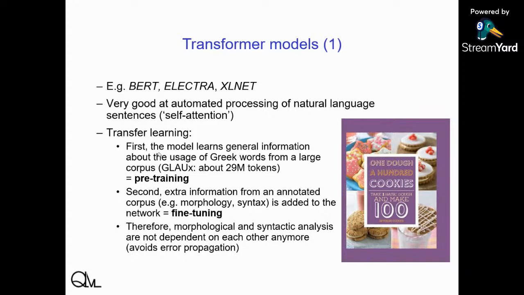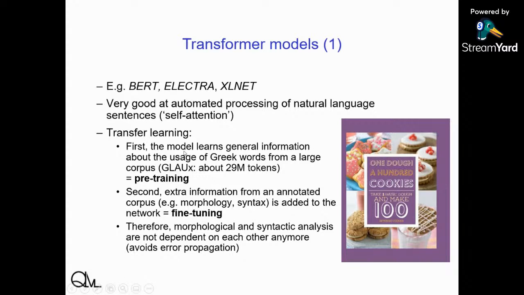There is a type of neural language model, so-called transformer models, which are becoming very popular nowadays. This is because they're very good at automated processing of natural language sentences and learning this information about the usage of specific words. A very popular one, for example, is called BERT.